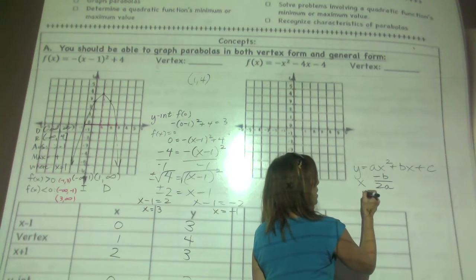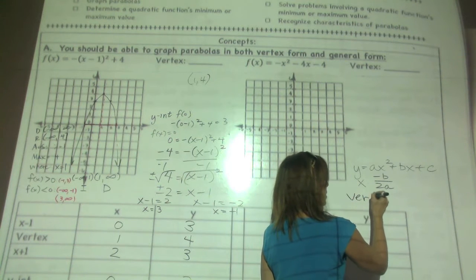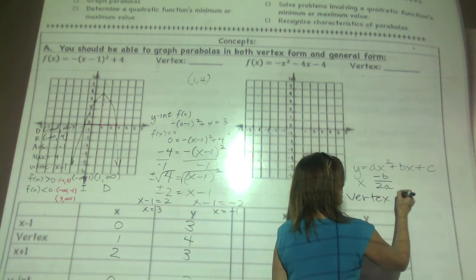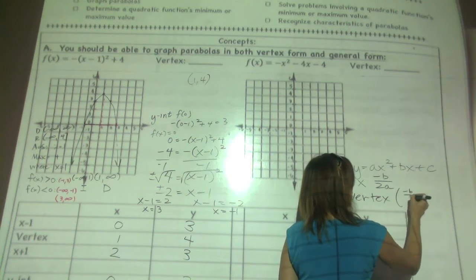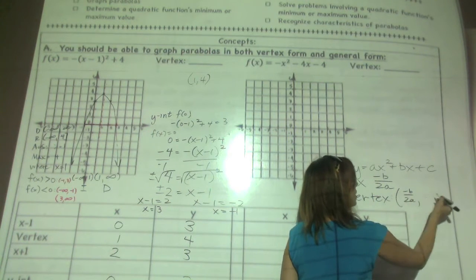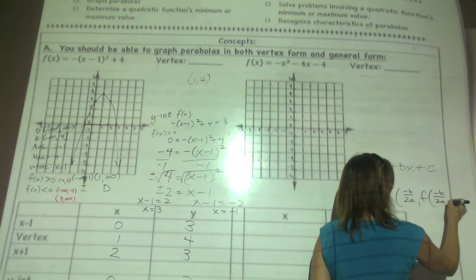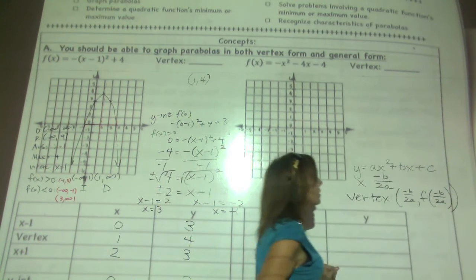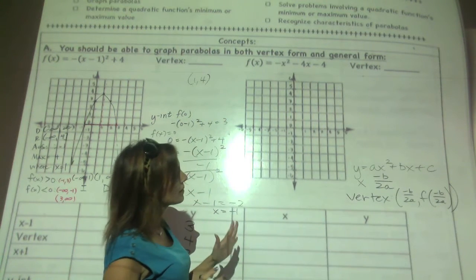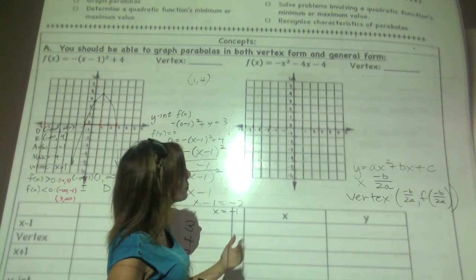So our vertex in this form will be negative b over 2a, and then the function value at negative b over 2a. Okay, all right, so that's how we're going to proceed with this one.